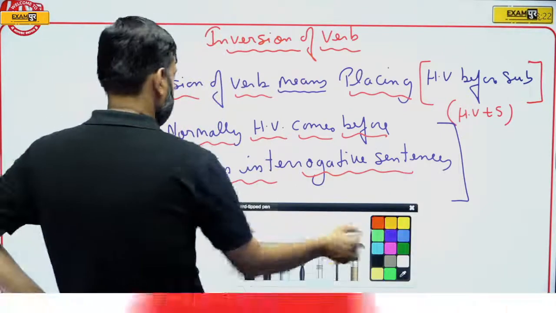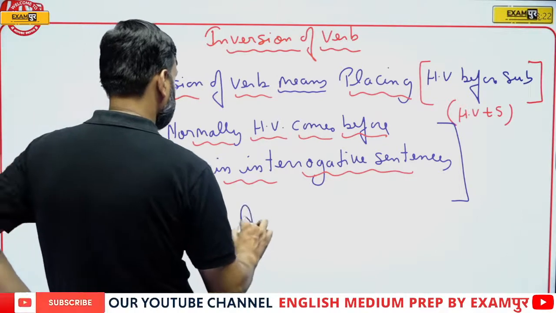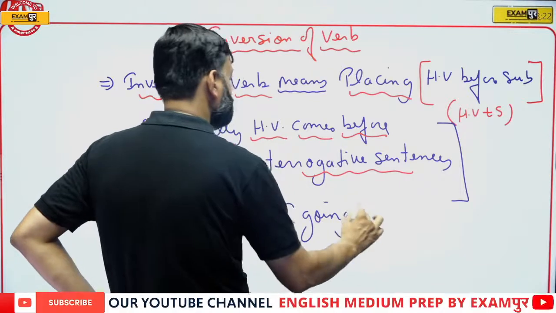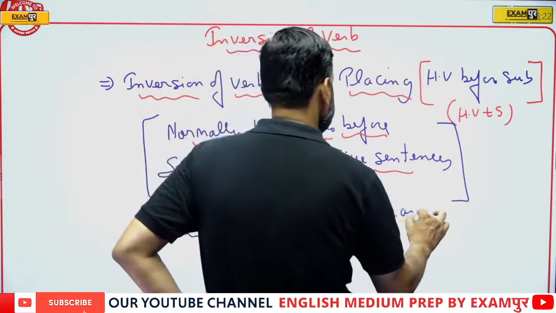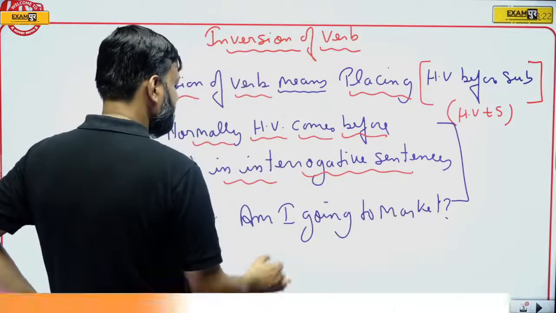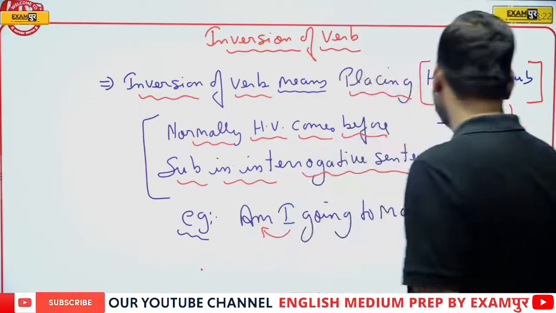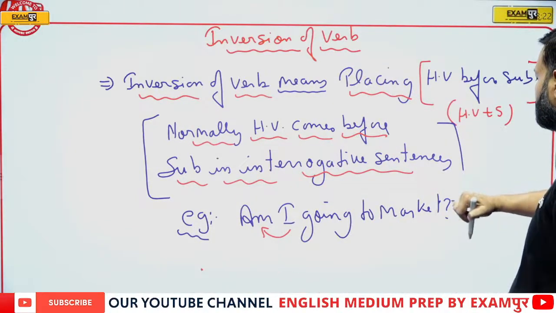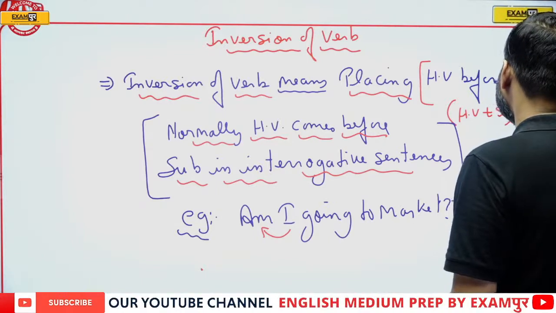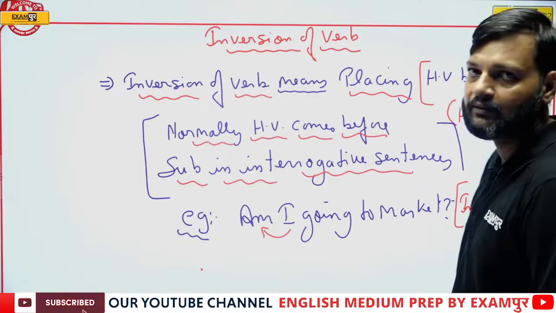For example, am I going to market? Here, as we can see, helping verb is before subject and this sentence is an interrogative sentence.